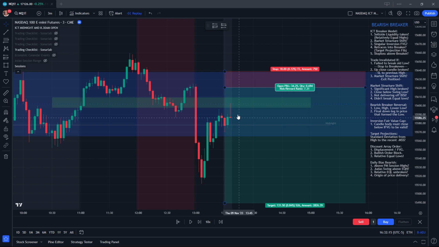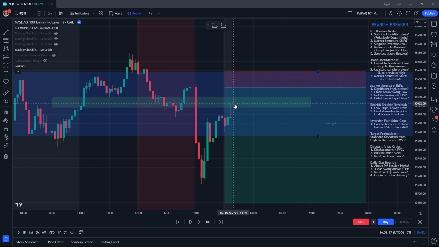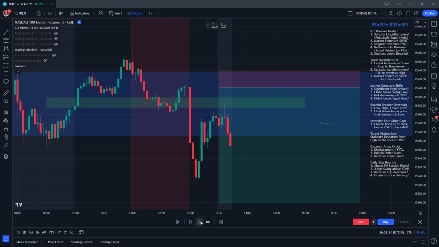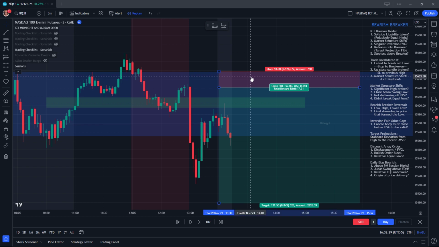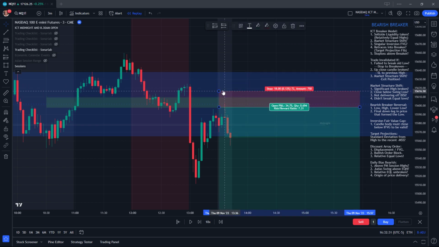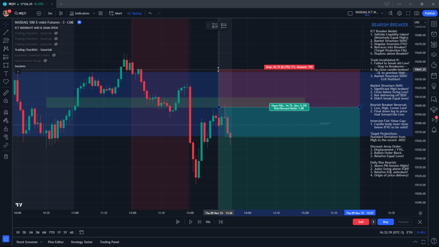Okay, price comes into our inversion fair value gap. That's where we want to enter. Unfortunately, as a consequence of us only being able to use a small stop loss, this time I wasn't able to do it, because I said I've only got 18 pips, not 27 pips, not 42 pips, but 18, and I have to have the stop loss.